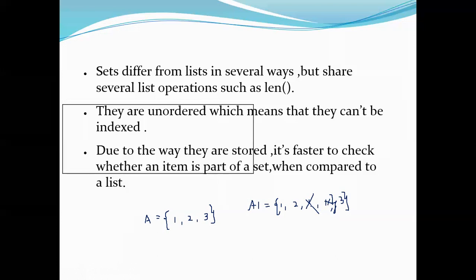This indexing change would give trouble to the user when the duplicates are being deleted. The user doesn't know the exact position of the data items. So a set says that there is no index for the data items included in the sequence.